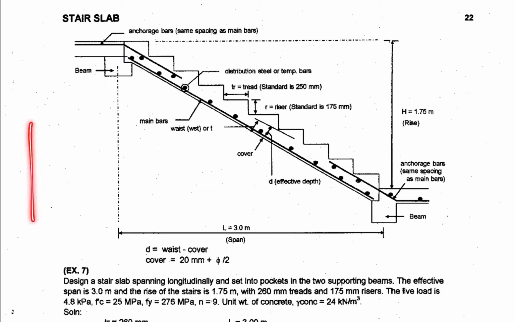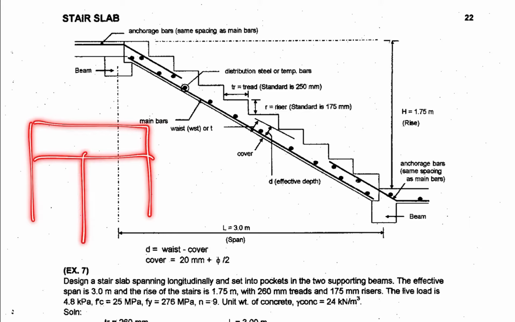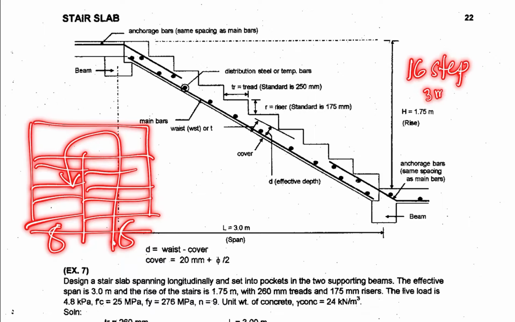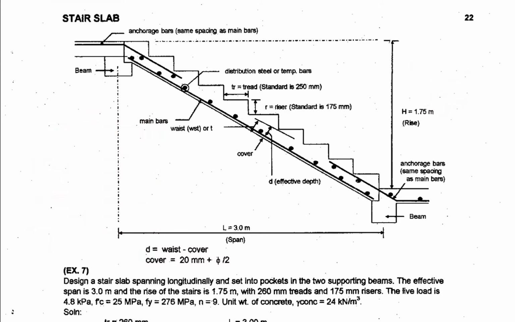Normally, if that is a full back stairs with 8 steps per level, so you have at least 16 steps standard. So normally, if that is 3 meters divided by 16, 0.1825, I think.